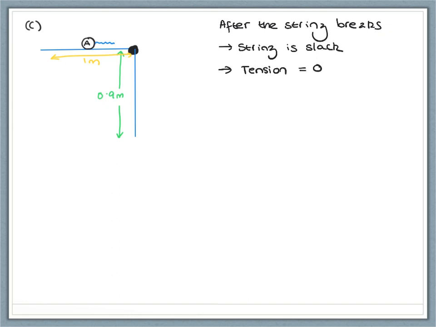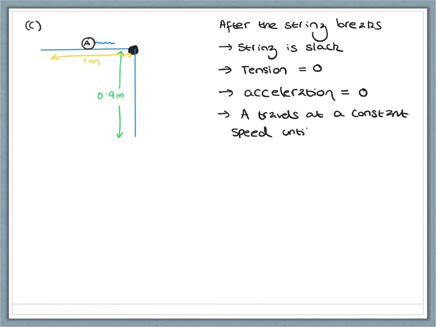Now, if you recall, the table was smooth, so there are no further horizontal forces acting, which means that the acceleration is equal to 0, which means that A travels at a constant speed until it reaches the end of the table. We're then assuming it can bounce over the pulley and then down towards the ground here, and we need to find out the total time taken.